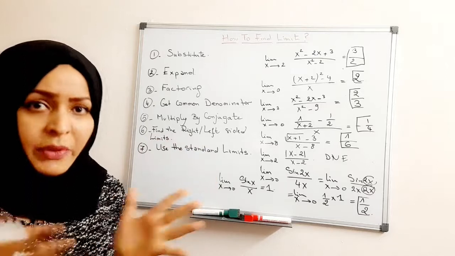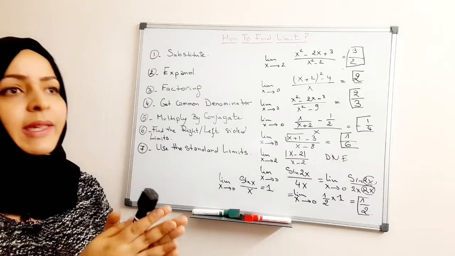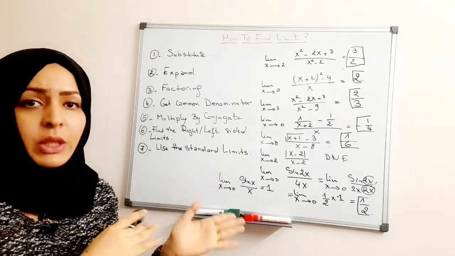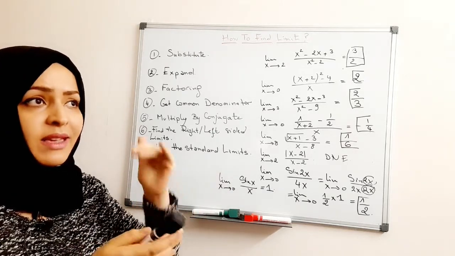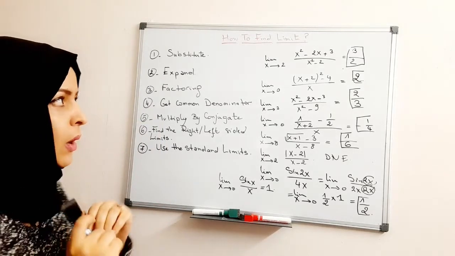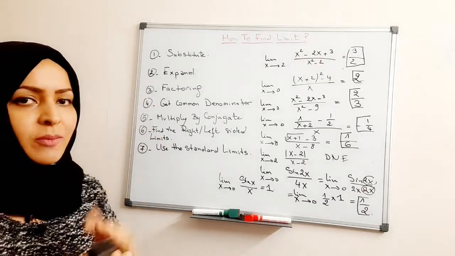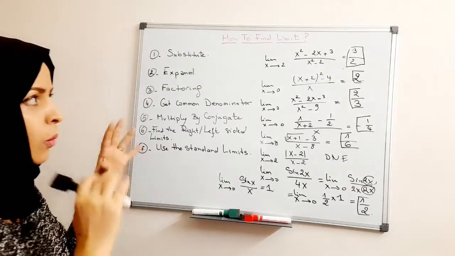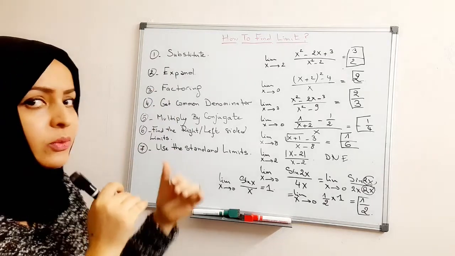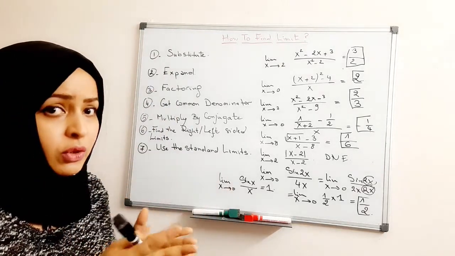So as a summary, the first thing we always try to do is to substitute by the value itself if it's not a point where the function is discontinuous. If we get an indeterminate form, we look at the expression of the function, and it will give us an idea of what we should do.